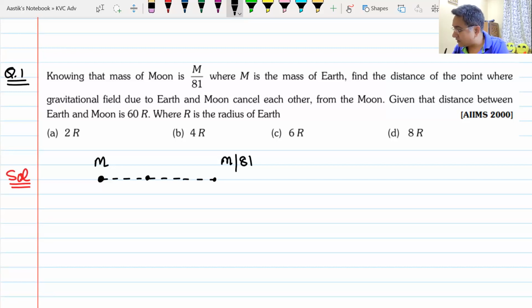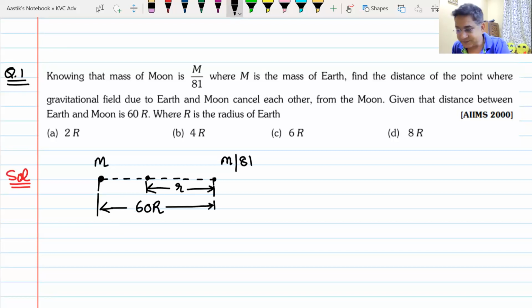You have to find the distance from the Moon. Will it be closer to Earth or closer to Moon? Closer to Earth. So I have to find out this distance. Let me call it r, small r. This distance is given as 60 times capital R, where capital R is the radius of the Earth.